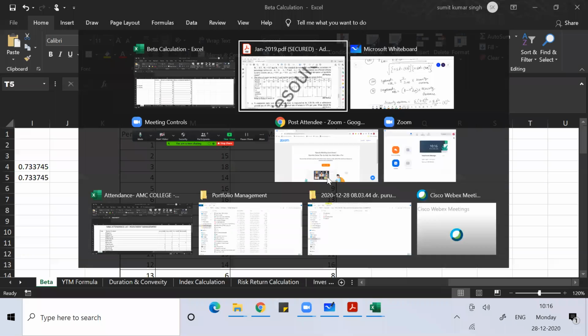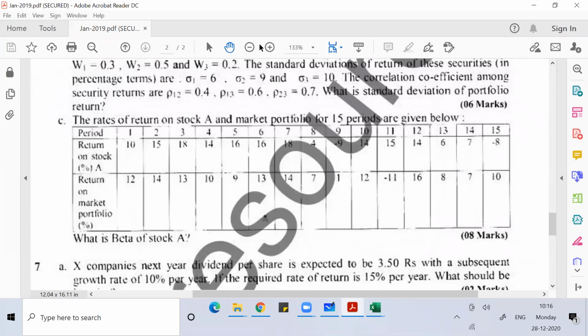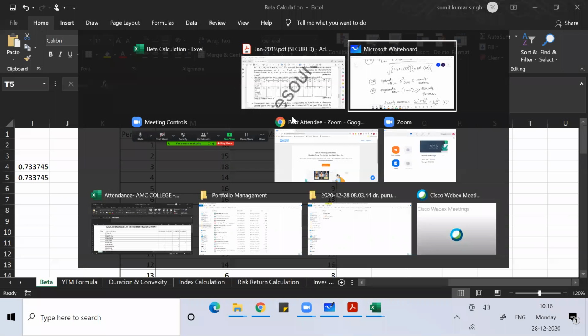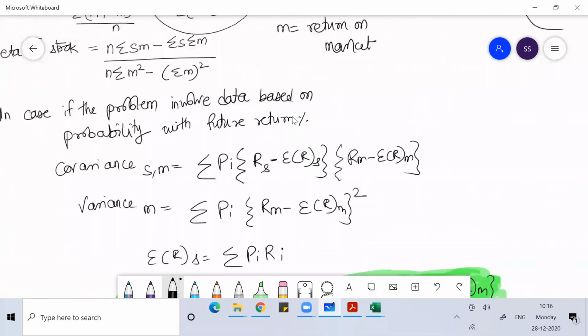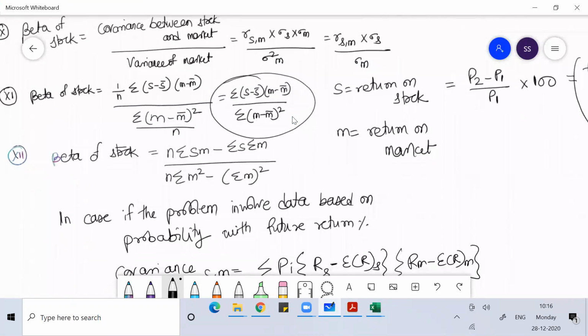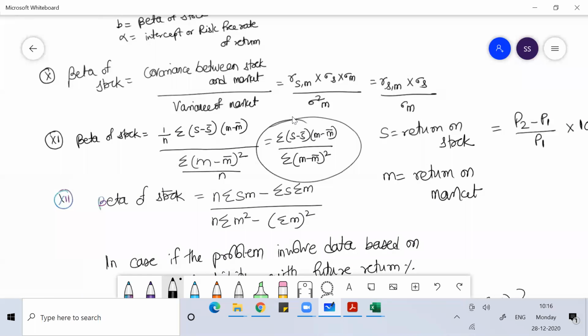Because the historical data is given, I can use any of the formulas. I can use the formula for the beta of stock as the covariance between the stock and market divided by the variance of the market, or I can use the formula n summation of SM minus summation of S into summation of M, divided by n summation of M square minus the whole square of summation of M.